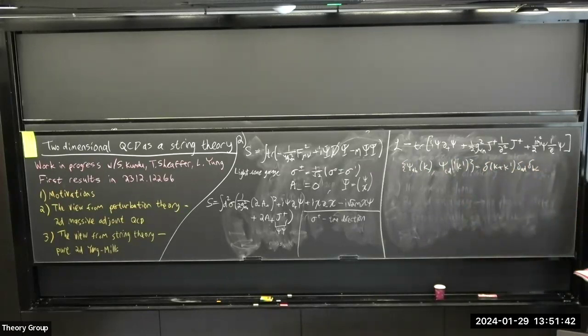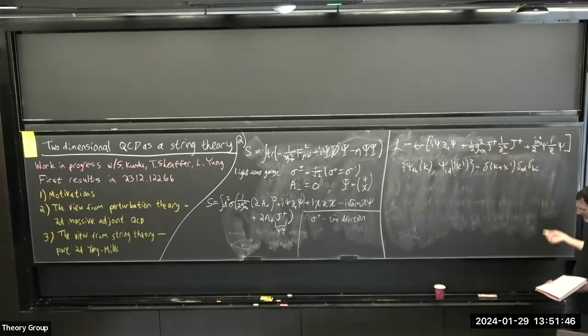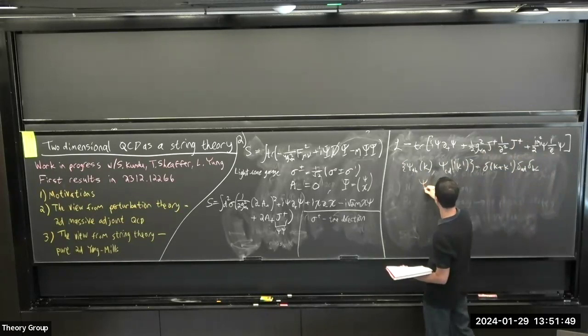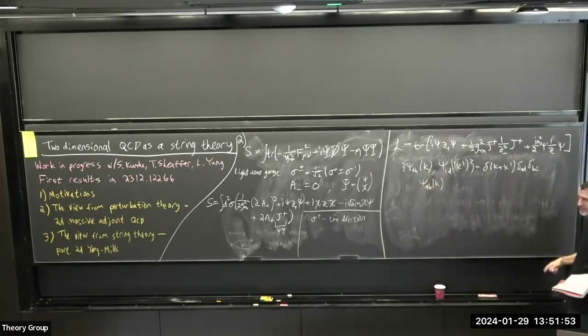So that we can choose a vacuum, so that if we ignore the interaction and we just look at the kinetic term, then the operators of psi with k positive raise the energy.